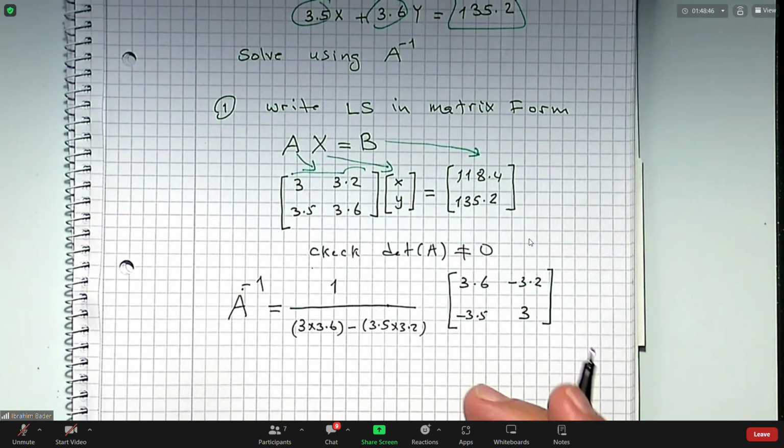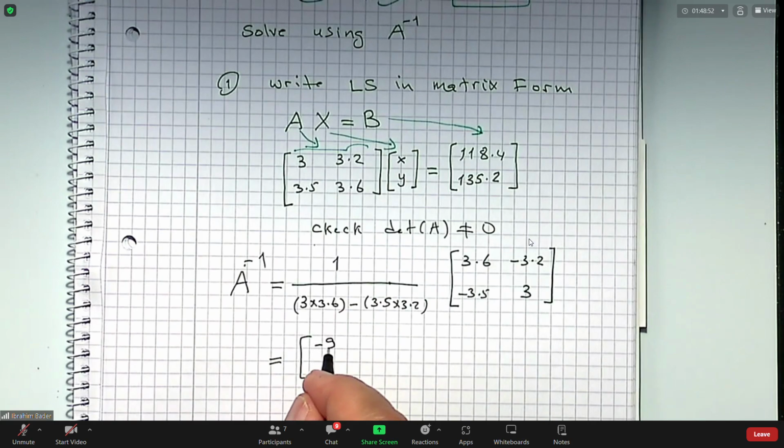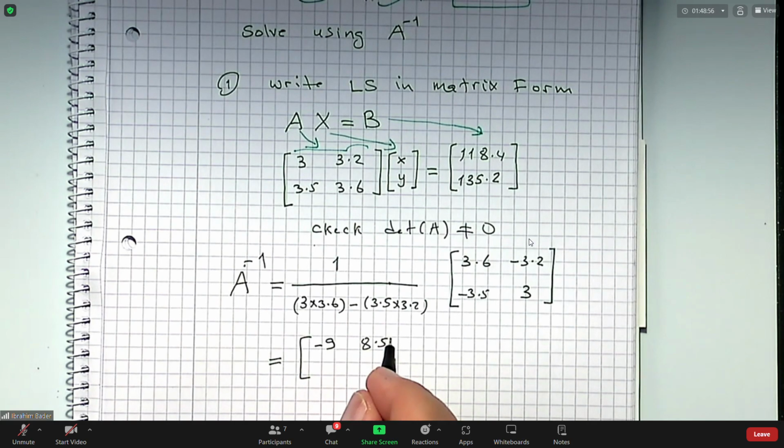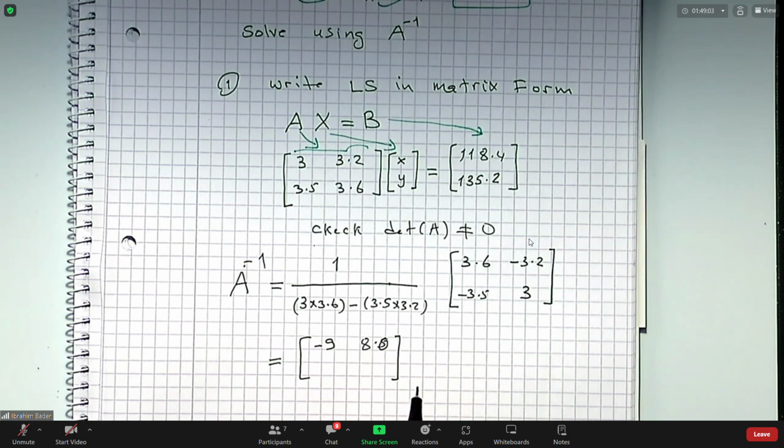I don't know what you get here, but I evaluated all this as -9, 8.5, sorry, 8.75 and -7.5. Okay, so this is the inverse.